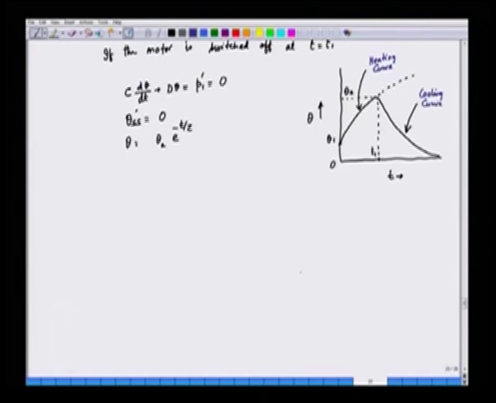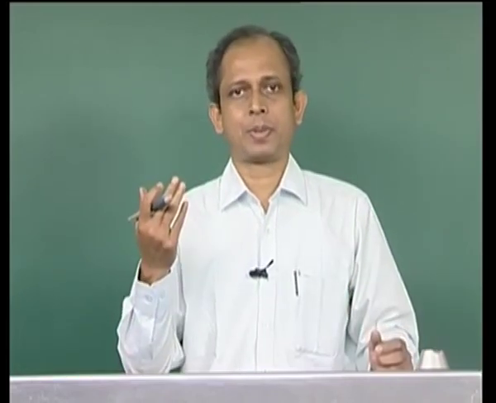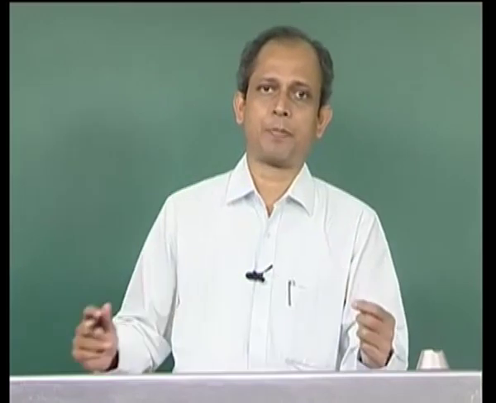So, this basically gives us an idea how we can operate the motor. Now, based on this, we can classify this motor into various ratings. It could be a continuously rated motor, it could be a short duty motor, it could be intermittently rated motor, and so on. Say for example, a fan. A fan is running continuously.